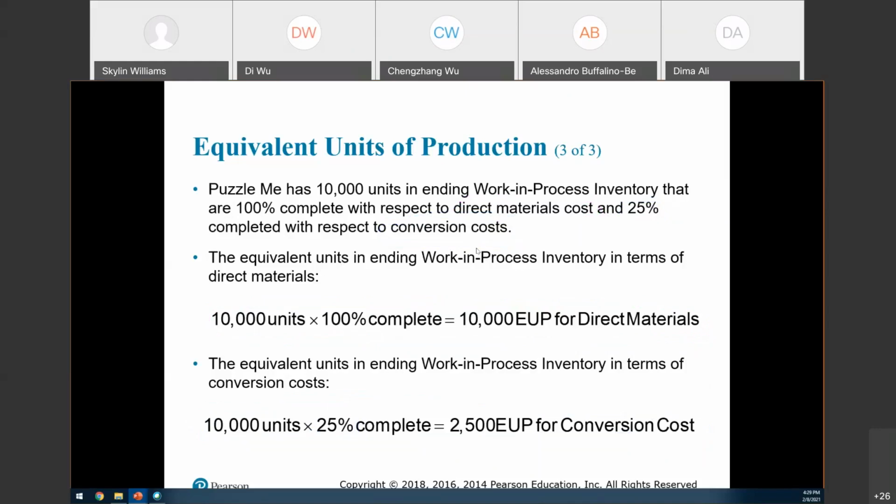Well, so far so good. Any questions before I move ahead? You have to understand the concept of equivalent units of production completely so that you can move ahead into the next part.